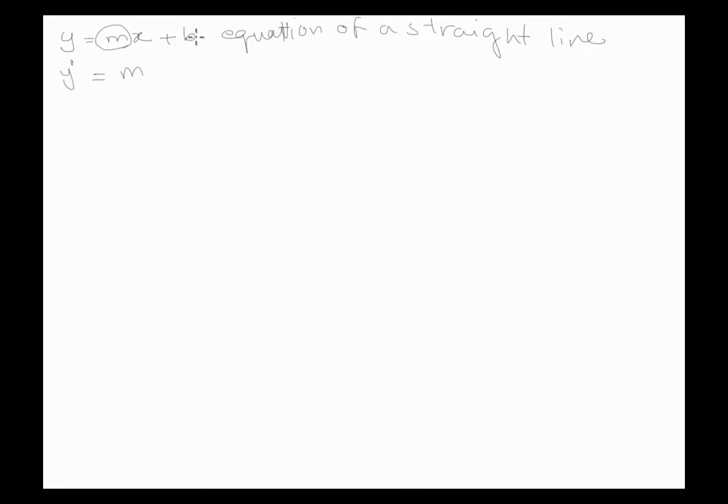Okay, so an example of this is if I have a function in the form of y is equal to 3x plus 2. Straight away, because the power of x is 1, I know that that corresponds to the equation of a straight line, and therefore I say y dash is just going to be the coefficient of x, which is 3. This can be minus 10x minus 5, or whatever.